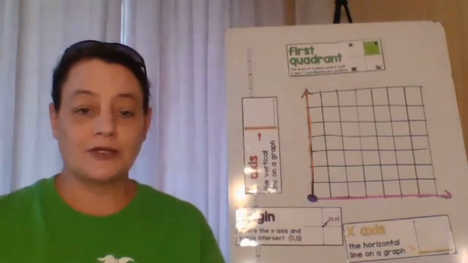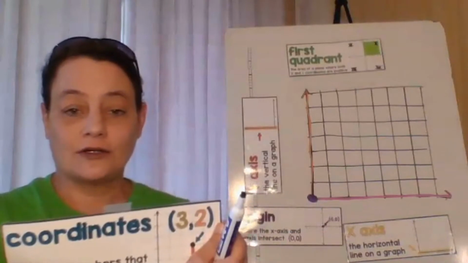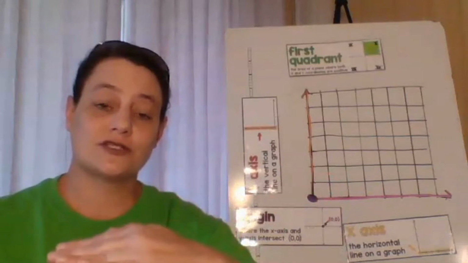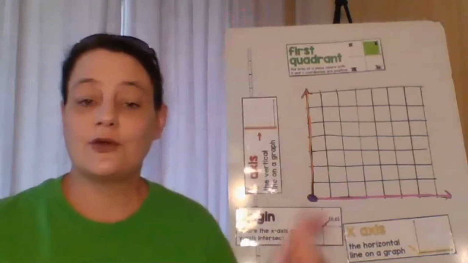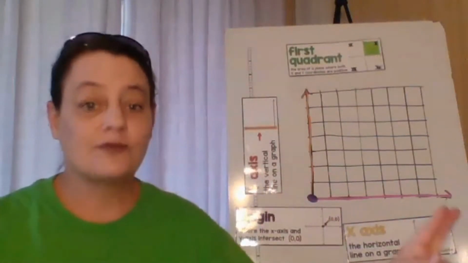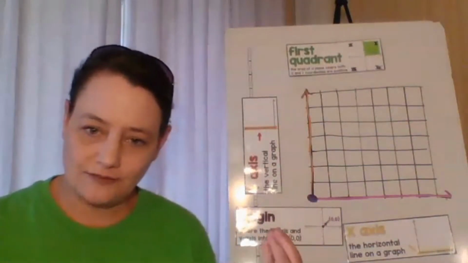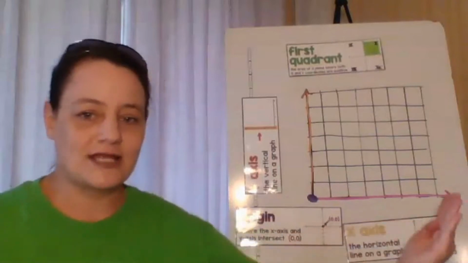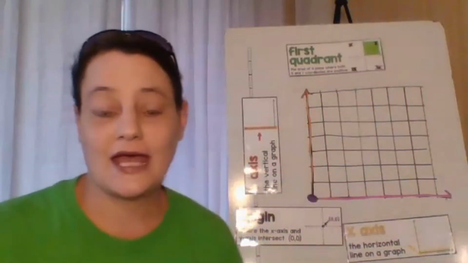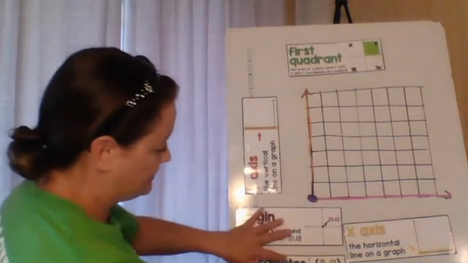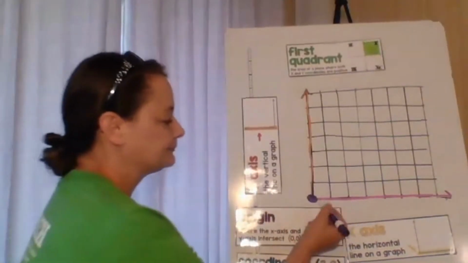When we go to plot this on our coordinate plane, we have to go over first and then up. Remember, you have to walk to an elevator before you can ever ride it to the top, okay? So start at your origin, go across, and then up, okay? So we are going to plot 3, 2 on this coordinate plane.